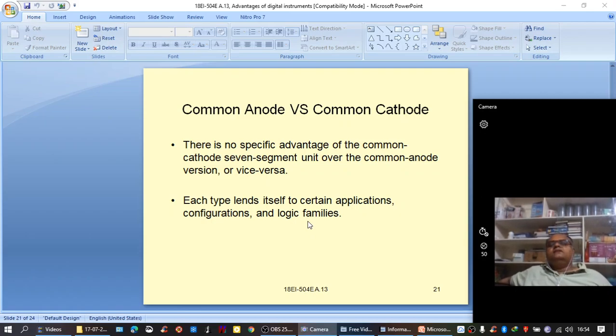That means in that logic family, a high bit is read as 0, a low bit is read as 1. So depending upon the logic family and depending upon the configuration and application, either common anode or common cathode type of 7-segment display is used for indicating the numeric values.